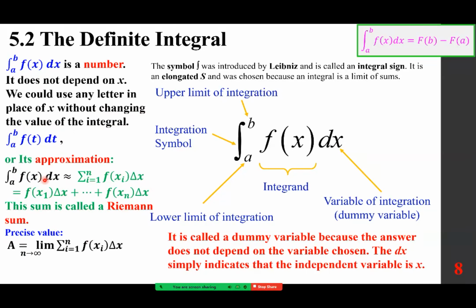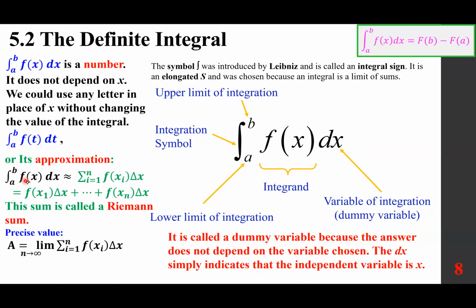The precise value would be when we take a limit of this: the limit of the summation of f of x times delta x as n goes to infinity. This represents an area under the curve if f of x is a positive function. Otherwise, it's the difference of areas.